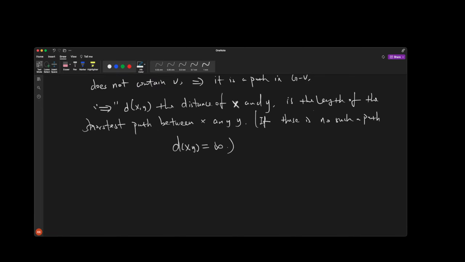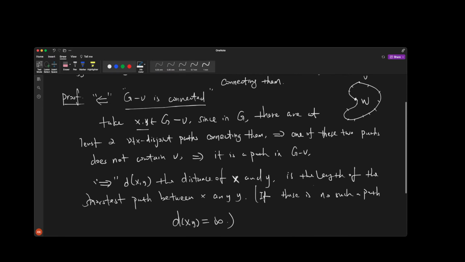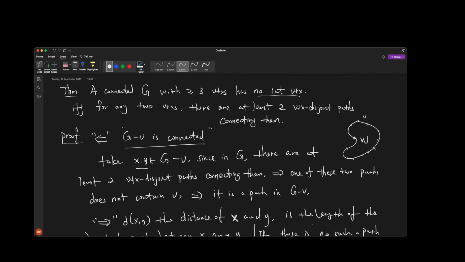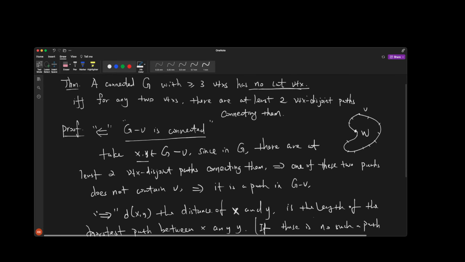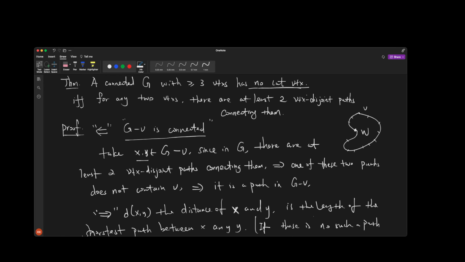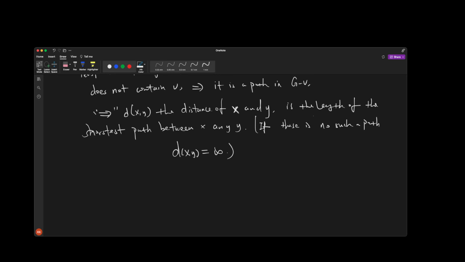So it's not hard to see. We would like to induct. In order to prove this, we assume that the graph has no cut vertex, and we try to show that for any two vertices, there are at least two vertex disjoint paths connecting them. This is our task.